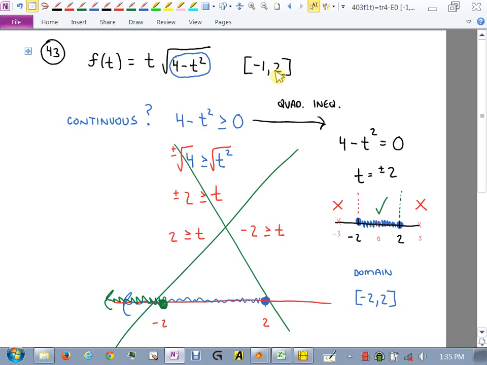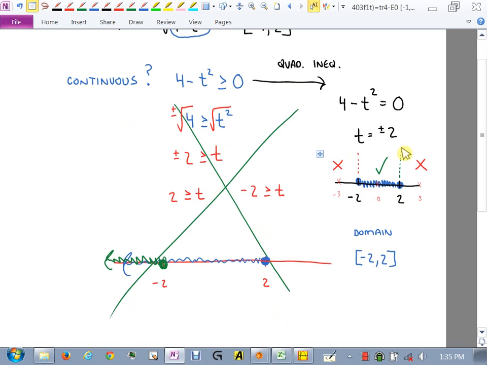Okay, the interval's okay. Now I said that this is one way to do it. That's not the way I prefer, but it'll work. This will work for any polynomial inequality. I think the better way to do it is just to think about using the same logic. You have -2 here and 2 here like this. And then just think of this as a parabola.